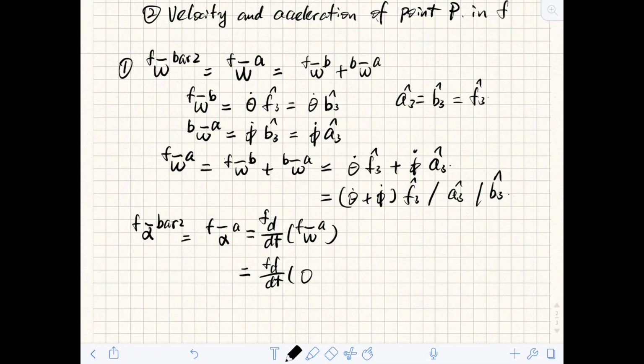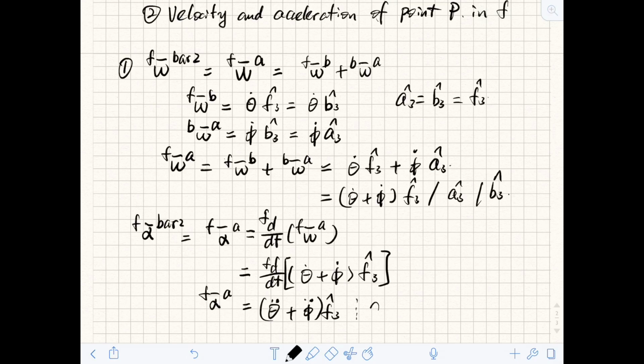So if we were to just replace the expression for angular velocity of A in F, we'll have angular acceleration of A in F as theta double dot plus phi double dot in the F3 direction.